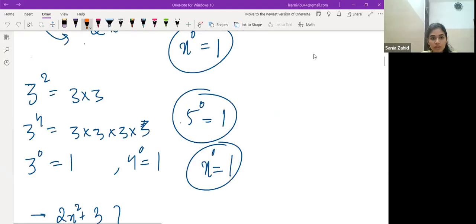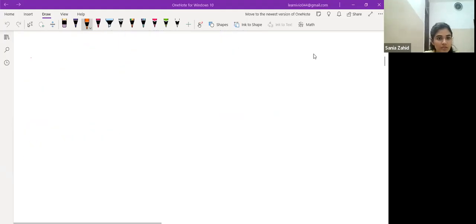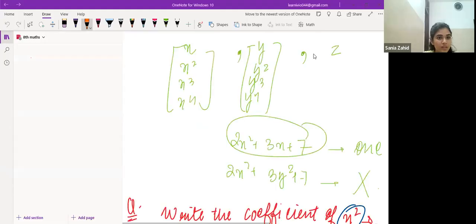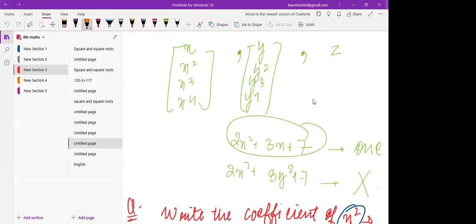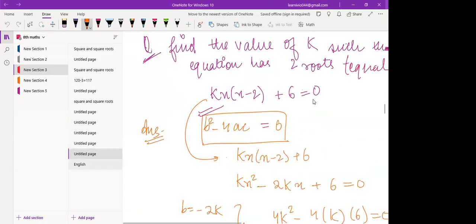Okay, so in the last class we were doing this lesson, number system.